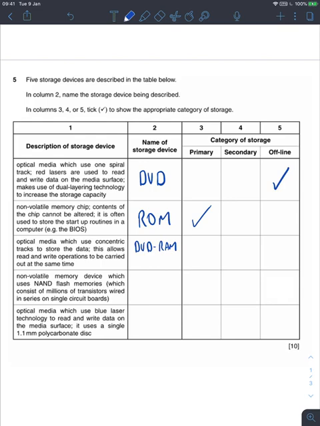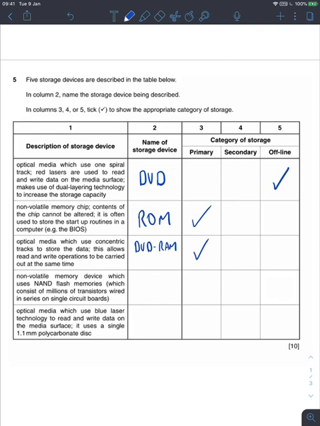That used to have a disc you could put in and read and write to, because you could preview the video and record. And that is of course technically being RAM and working in that way, it's primary. You could argue that of course that disc can be taken away, so it's offline.